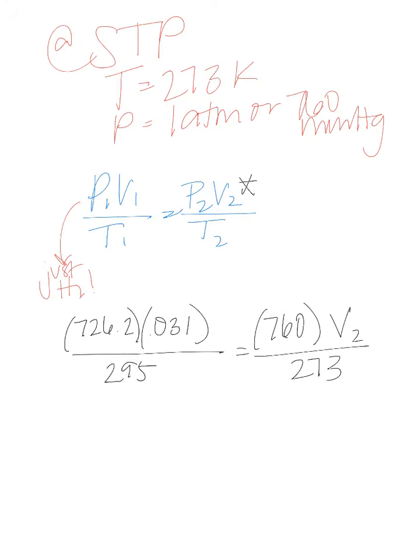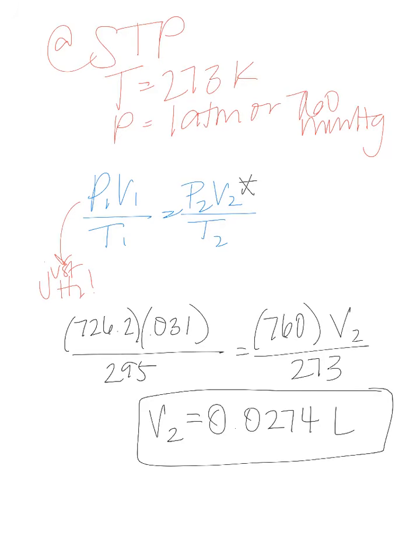So you can solve this whatever way you like to solve the combined gas law. It's really up to you, but the biggest thing is what you get for the volume. So plug that in your calculator, check and see what you get for the volume, but I got 0.0274 liters.